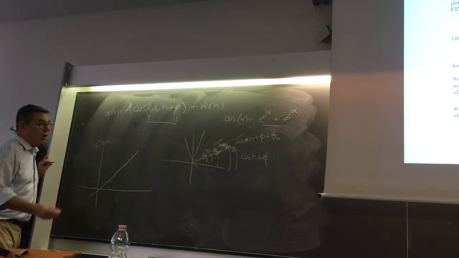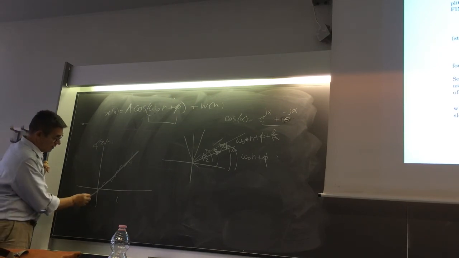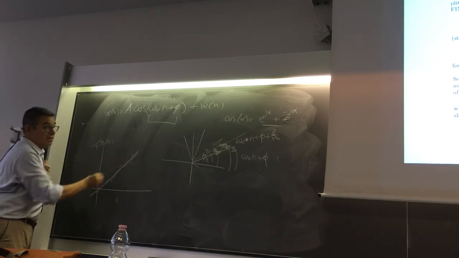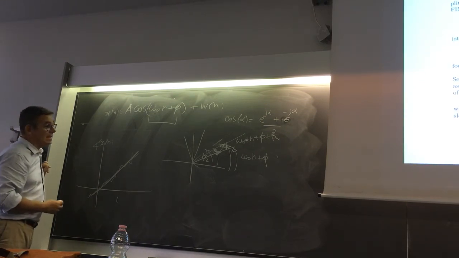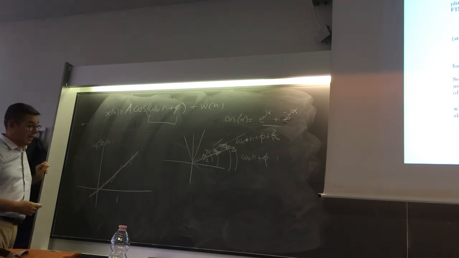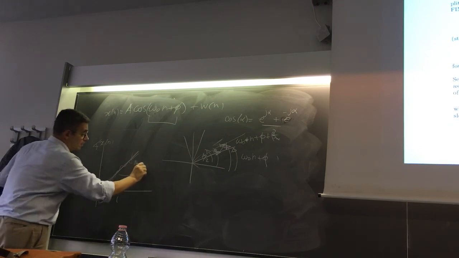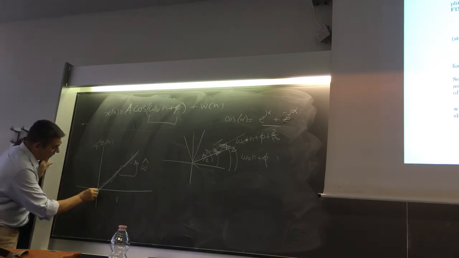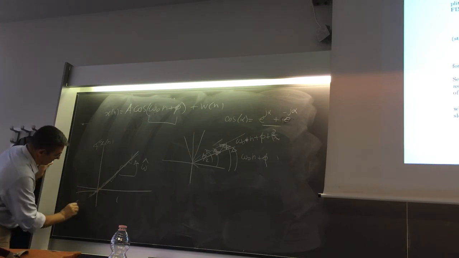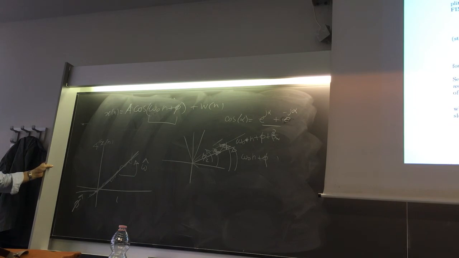So my goal when I estimate the frequency of a sinusoid is that I need to estimate this linearly growing phase. Estimating the linearly growing phase is the same as estimating the slope of this curve. And estimating a phase is equivalent to estimating the phase of this growing curve.